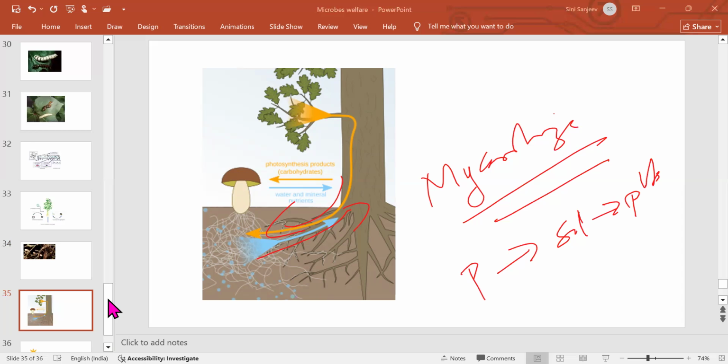In turn, the benefits the plant receives are resistance towards pathogens and salinity tolerance. All these are benefits, so both are mutually benefited again here.